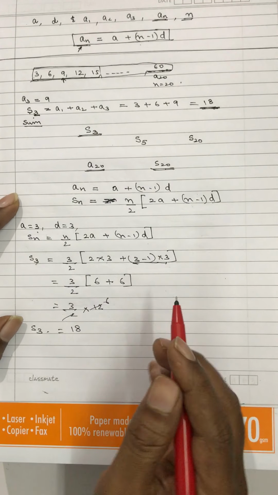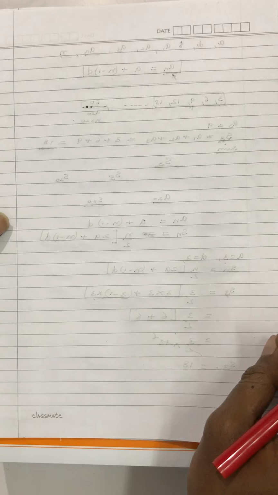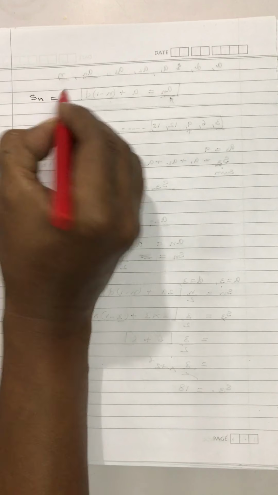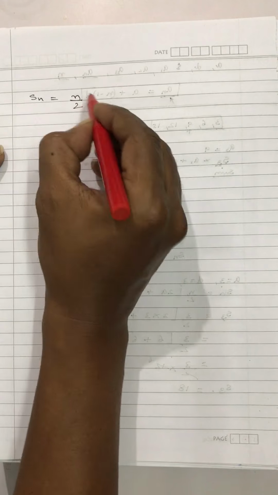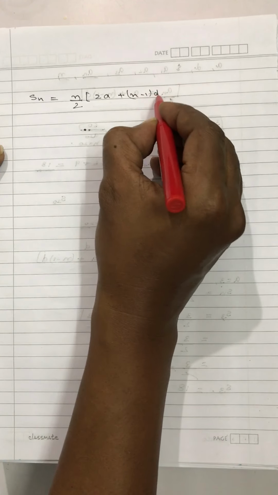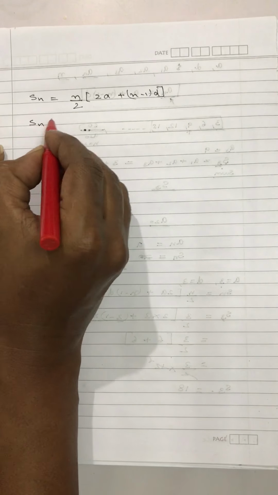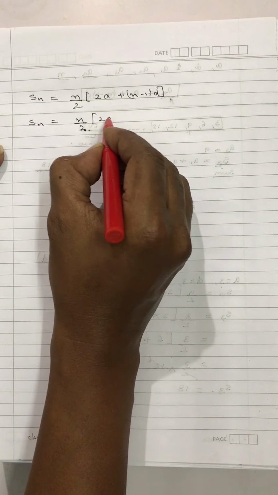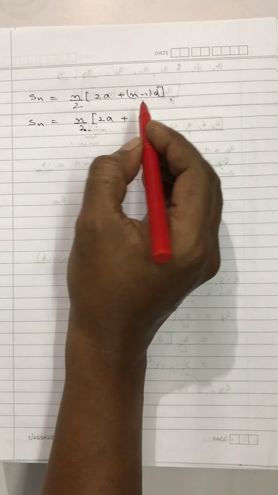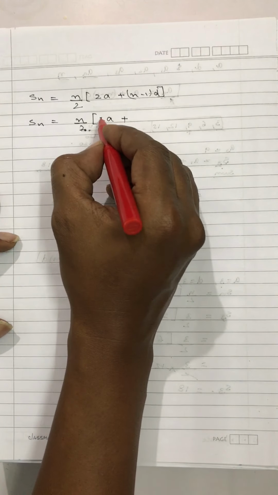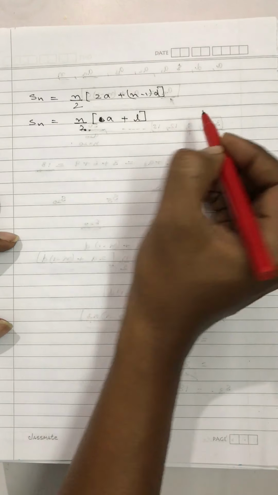Actually, when we deal with the formula for the general sum, there are two formulas. Sn can be found by the formula n upon 2 in bracket 2a plus n minus 1 into d, and it can also be found by the formula Sn is equal to n upon 2 into a plus L. No, there is no 2a over here.